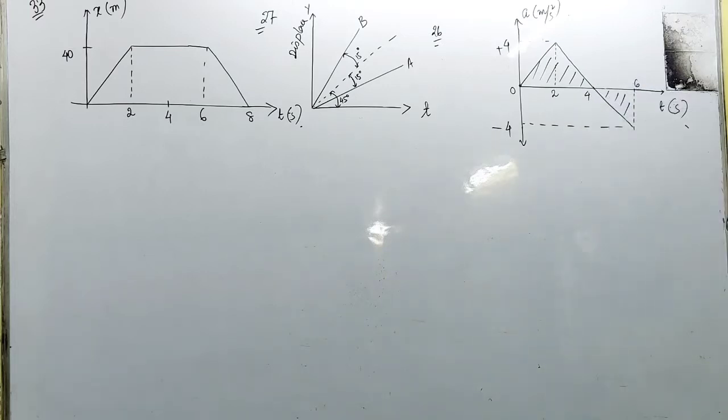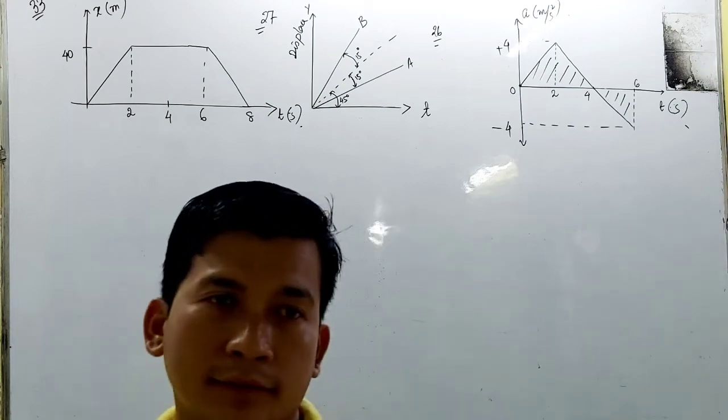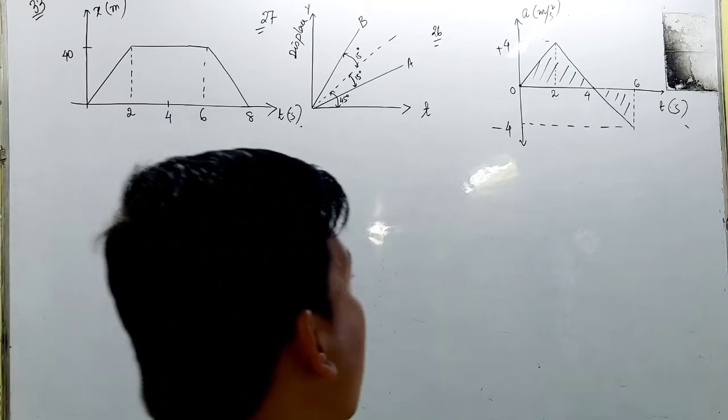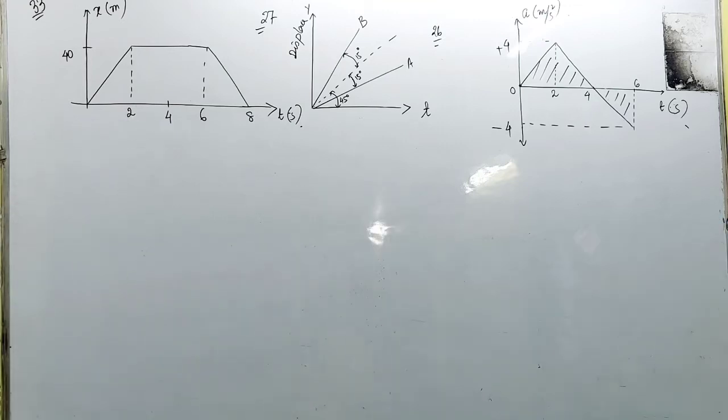Area of a triangle will be equal to half base into altitude. You calculate now. What is the answer?